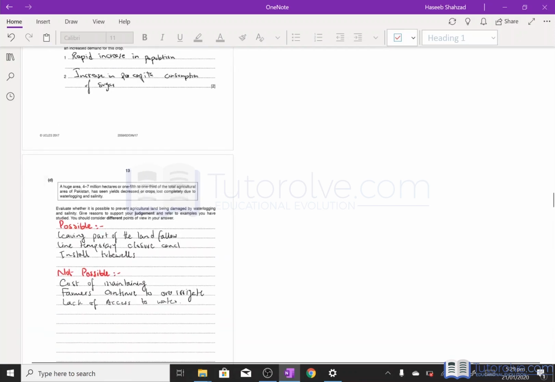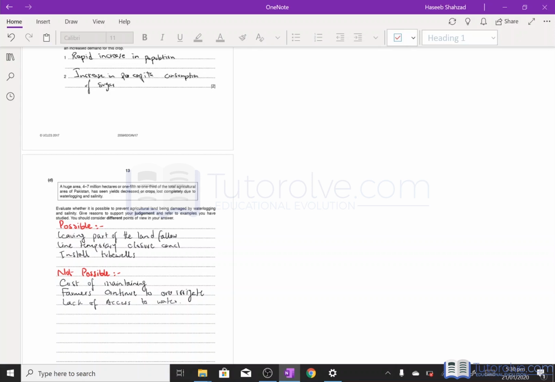Now, a huge area, 4 to 7 million hectares, or one-fifth to one-third of total agriculture area of Pakistan has seen yields decrease or crops completely lost due to waterlogging and salinity. Evaluate whether it is possible to prevent agricultural land being damaged by waterlogging and salinity. Give reasons to support your judgment and refer to examples you have studied. You should consider different points in your answer.